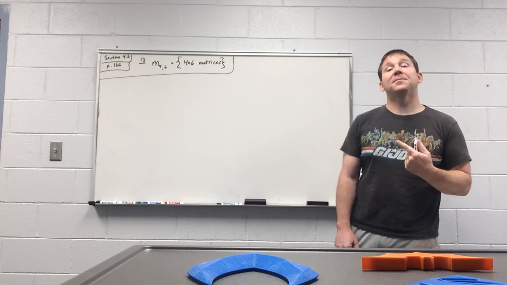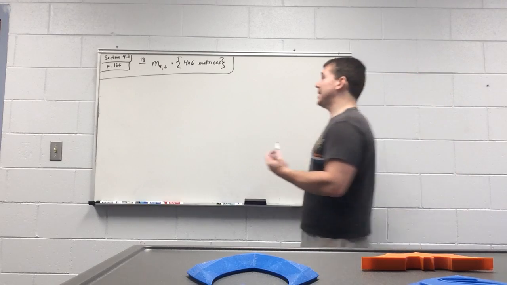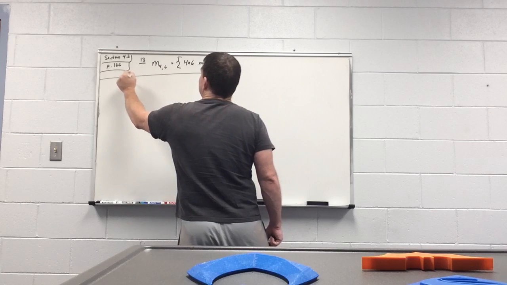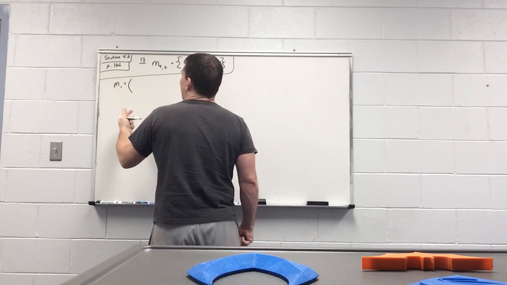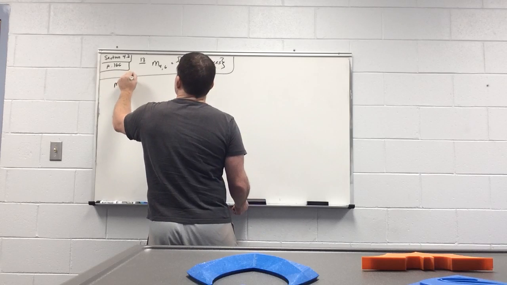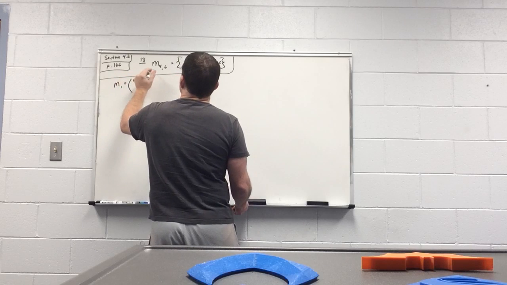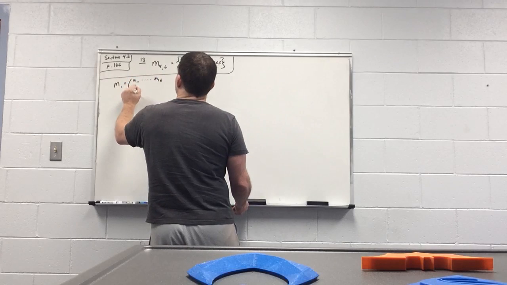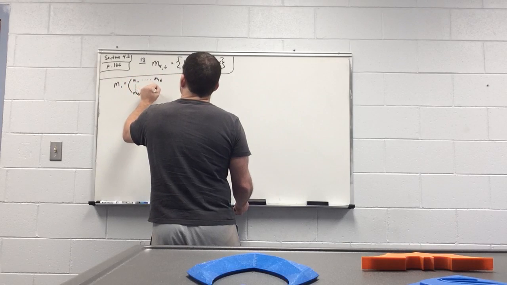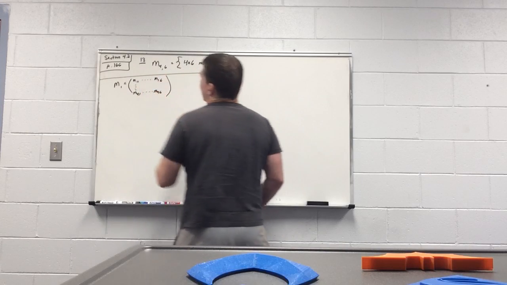Addition: u plus v is in V. What that means is I pick two elements of this set. So I will say M1, 4 rows by 6 columns. So we'll just say M11 to M16, down to M41 to M46.